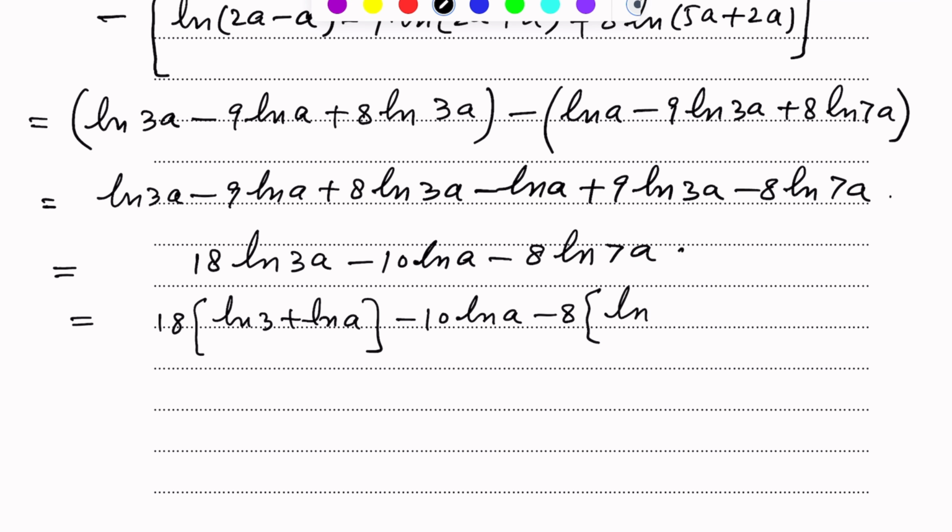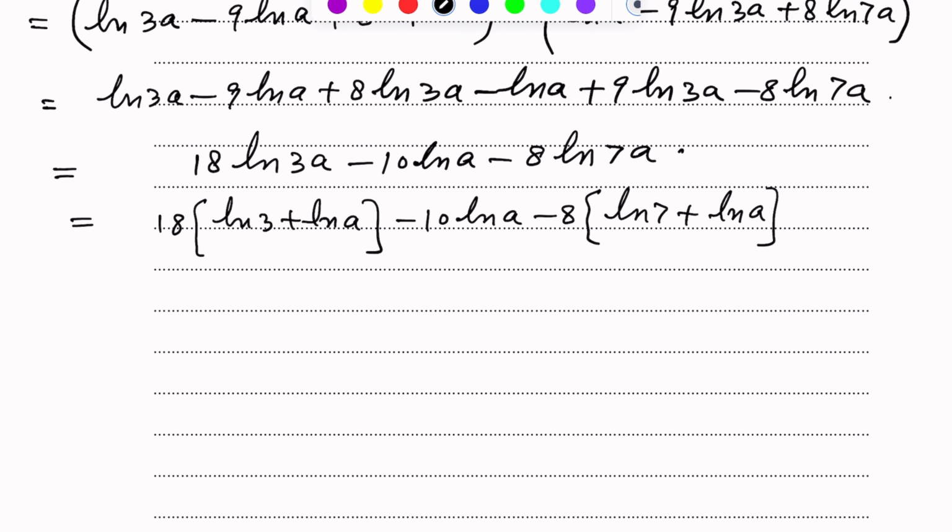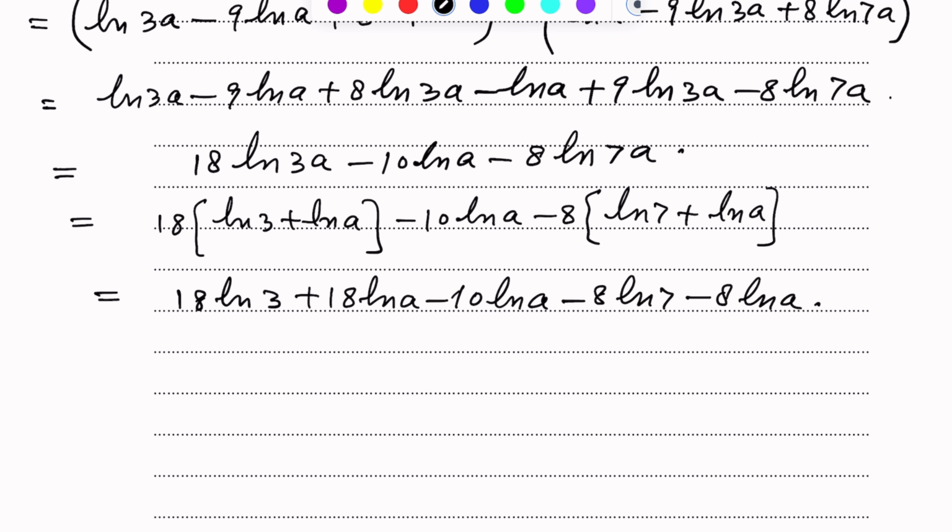Further simplifying, we get 18 log 3 + 18 log a - 10 log a - 8 log 7 - 8 log a.